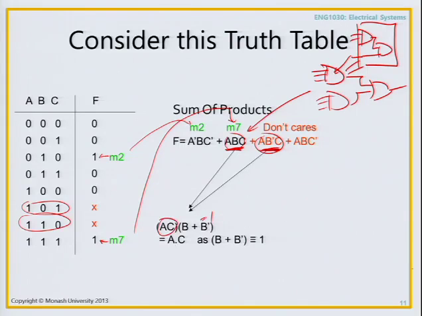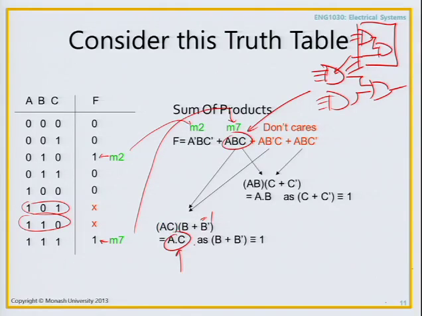By assuming that this don't care is an output of 1, it could be a 0 or a 1, we don't care, then if we assume it's a 1, we can minimize this ABC term and get rid of B from this term. So you've actually saved an input. By saving an input, you're reducing the cost and the space required to implement this function.